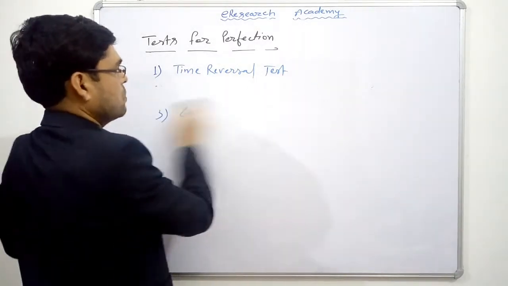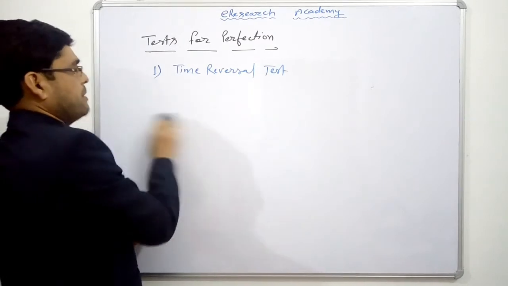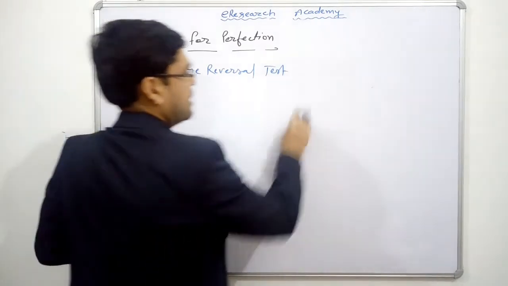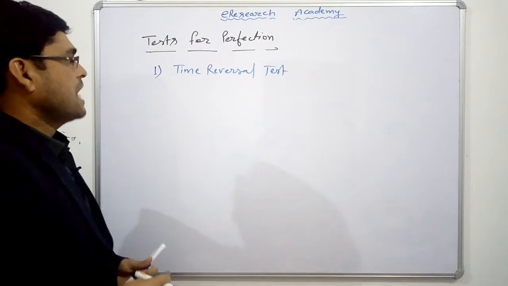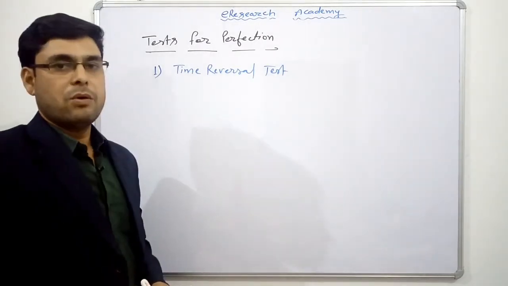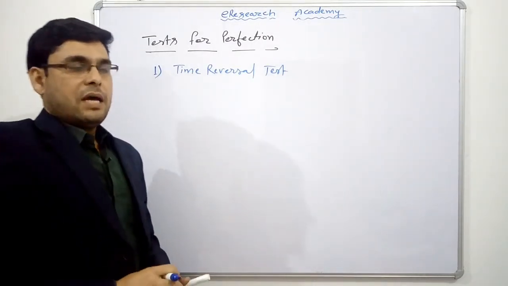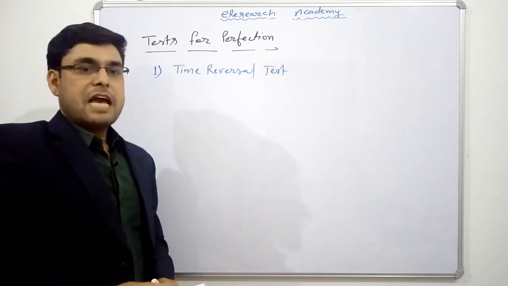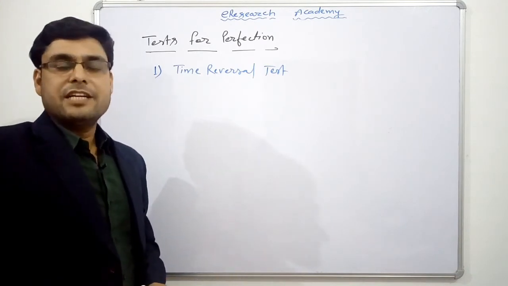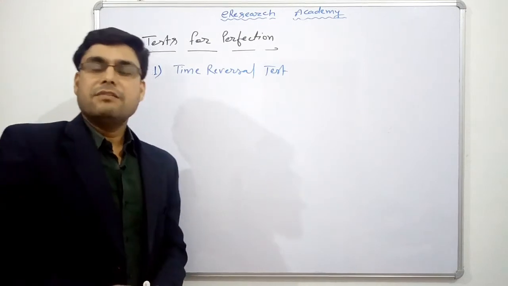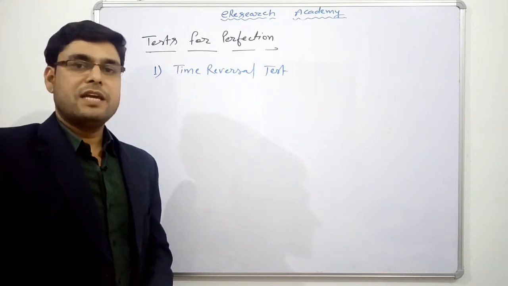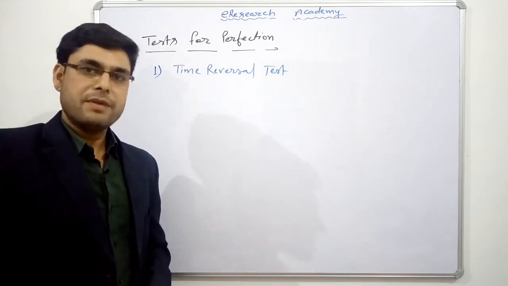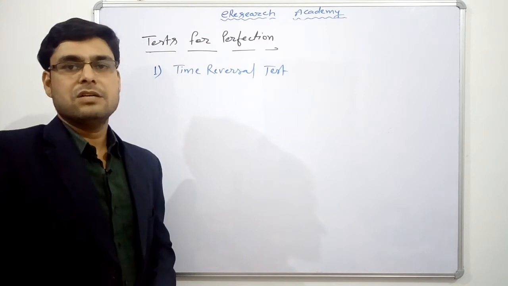In his work, Irving Fisher developed many tests for such perfection, and time reversal is one among them. As per Irving Fisher, the time reversal test determines whether the given method or formula will work both ways in time, that is, backward as well as forward.